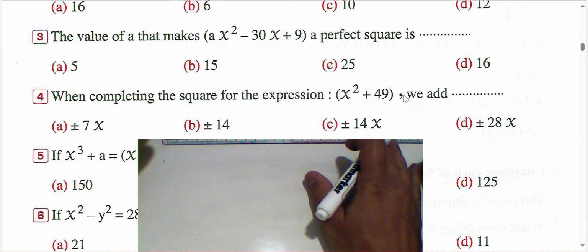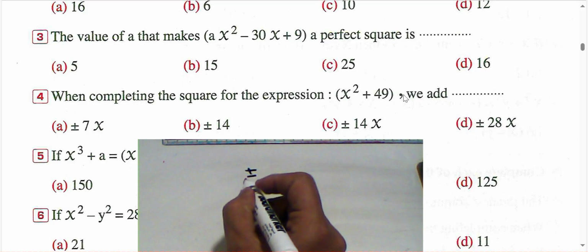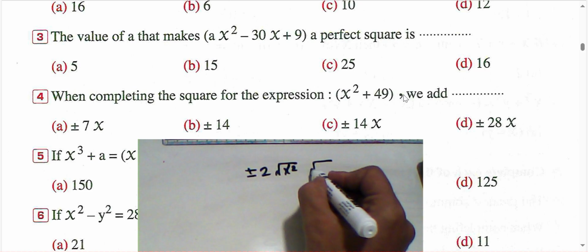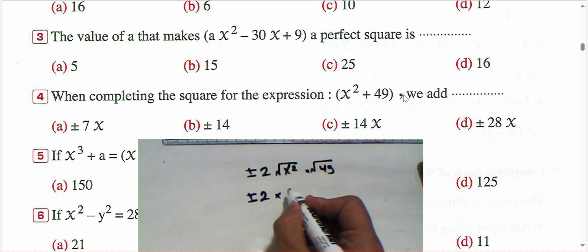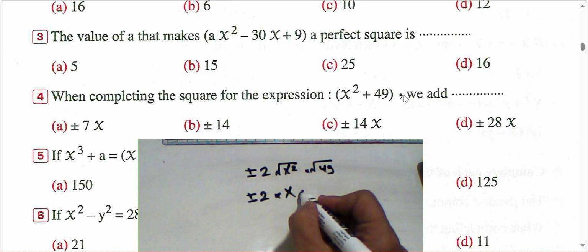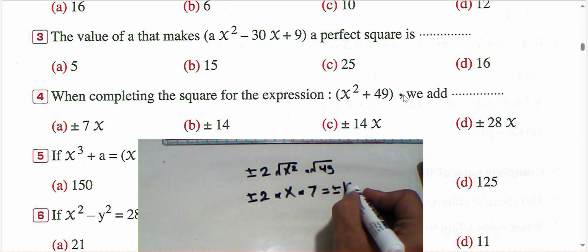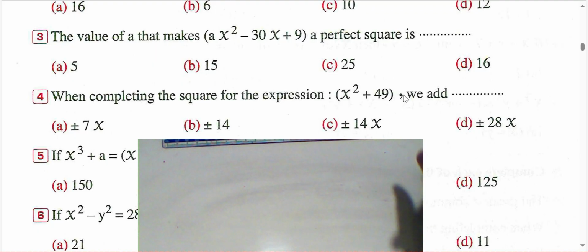When completing the square of the expression, we add what? We add positive or negative 2 product by square root of the first, product by square root of the third. Right, positive or negative 2 product by square root of x power 2 equal x, square root of 49, 7. Then the result will be positive or negative 14x. We must choose letter C.